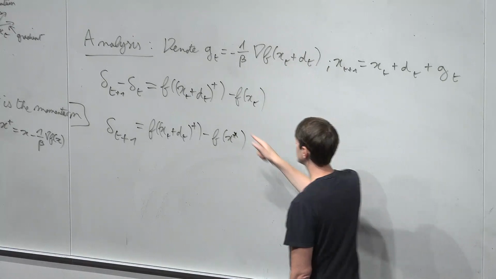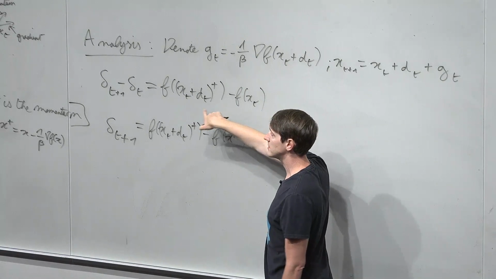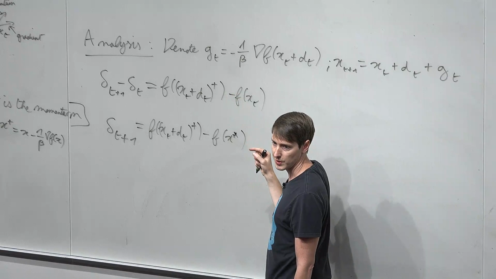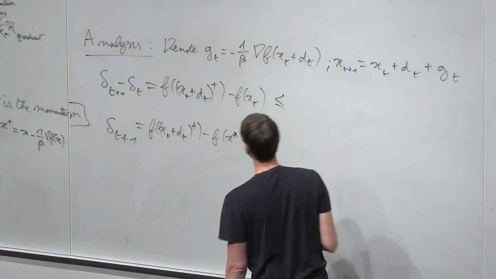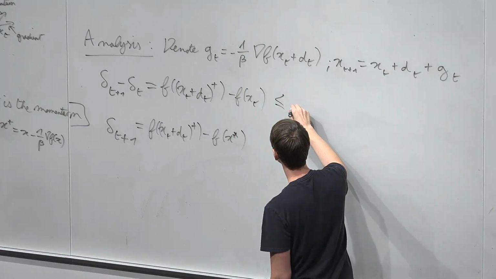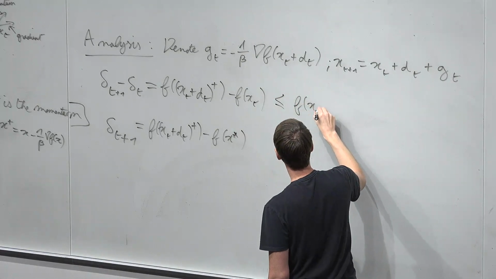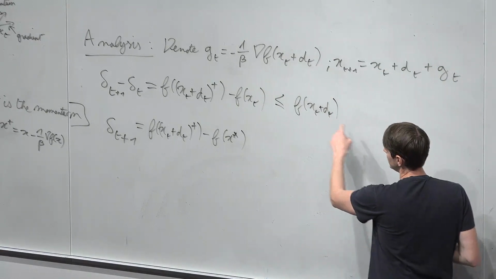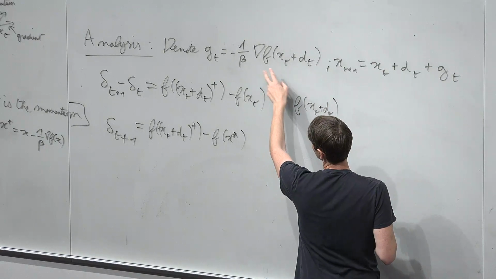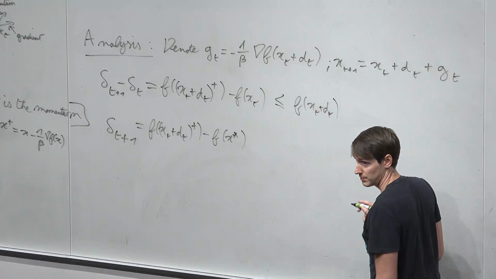So what am I going to use? I'm first going to use the inequalities that I know on the improvement of a step of gradient descent. What do I know about the step of gradient descent? I know that this is smaller than f of x_t plus d_t, and the improvement that I get is exactly 1 over 2 beta times the norm of the gradient.